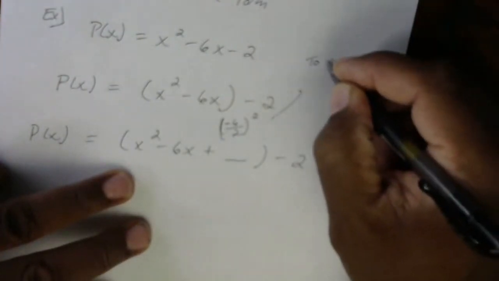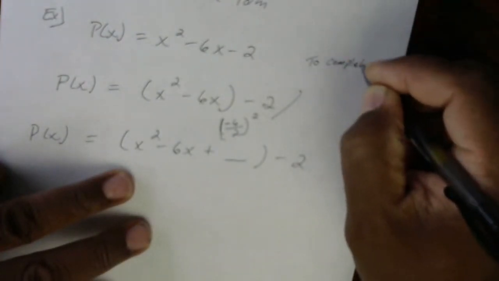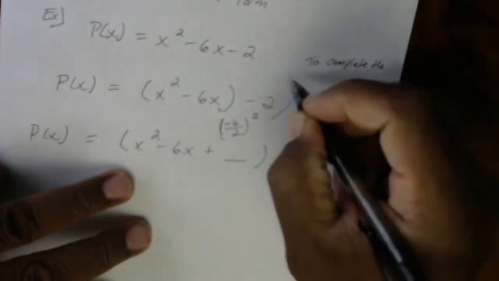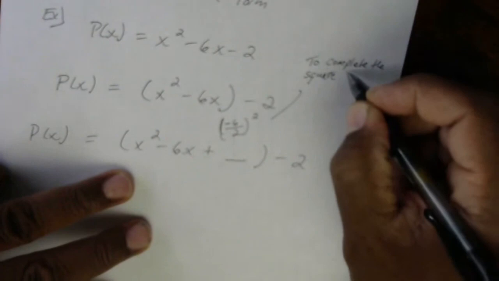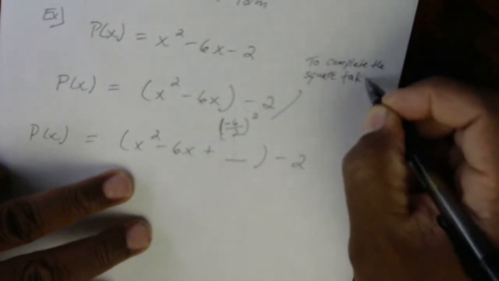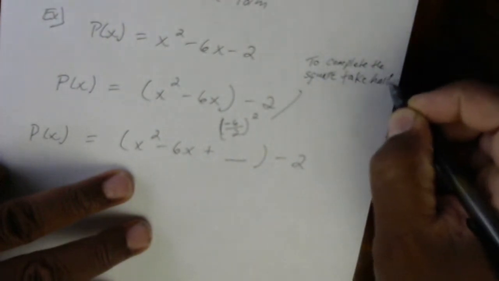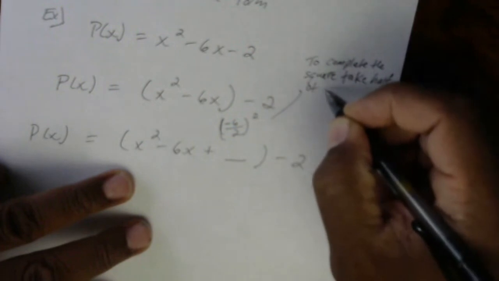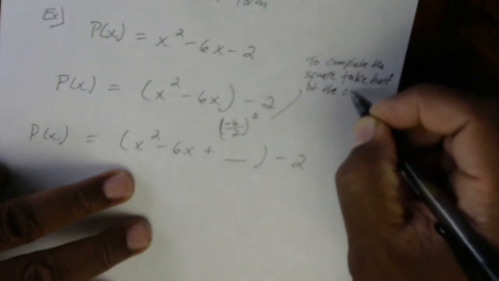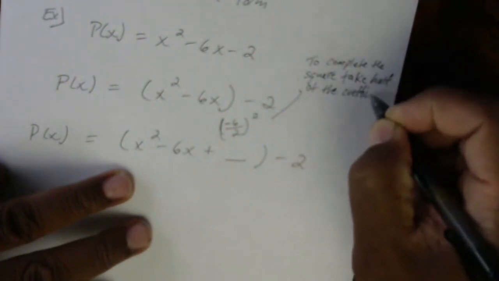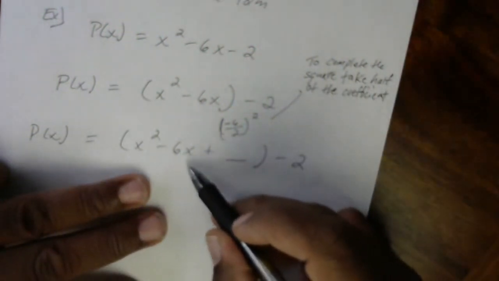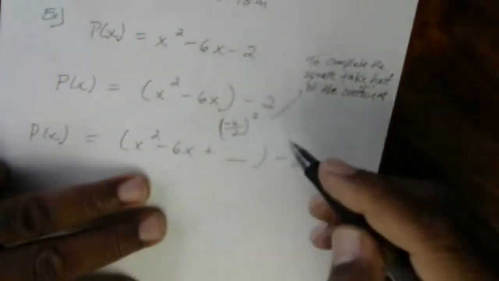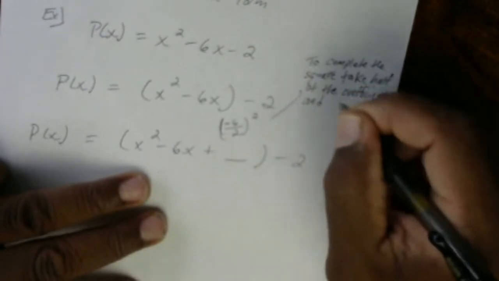So to complete the square, take half of the coefficient, and coefficient means the number part of your term, and square.